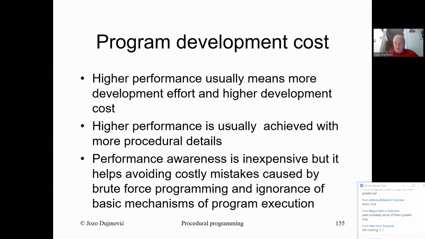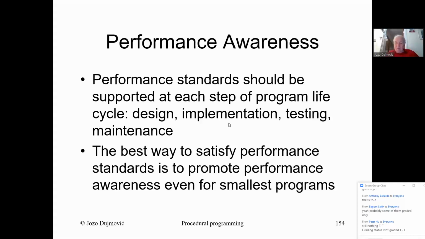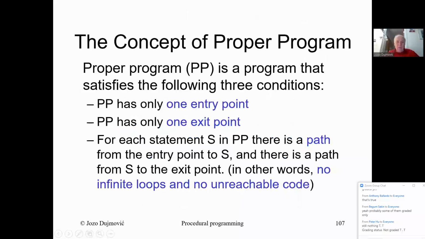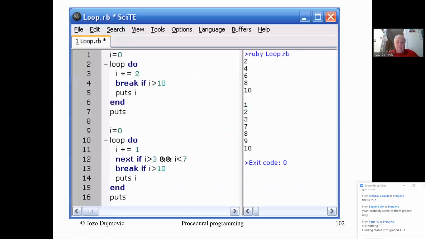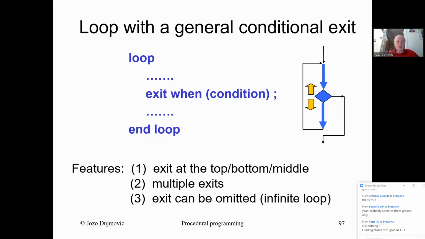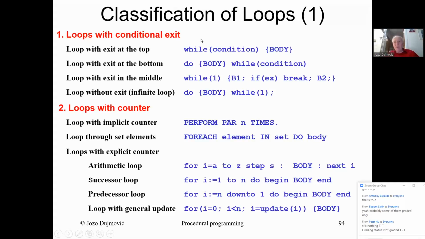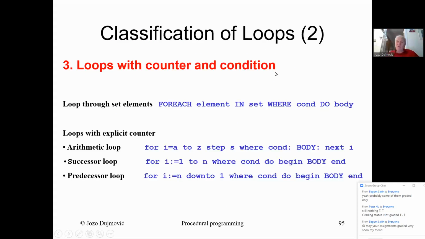So last time we were on this slide. We were speaking about classification of loops, and we said we have loops with conditional exit, like the while loop, loops with counter, for example, for each element in a set do body, and we have also loops with counter and conditions.